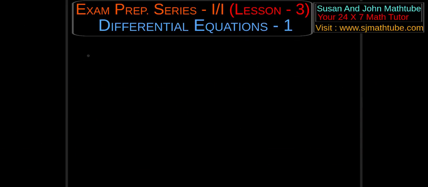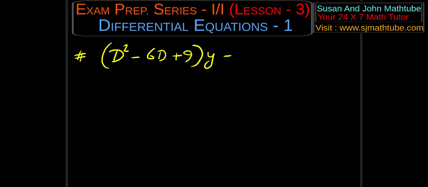Okay, let's move on to one more question before we wind up this video. And that is (D² − 6D + 9)y = e^(3x). Now tell me what to do first. Auxiliary equation.